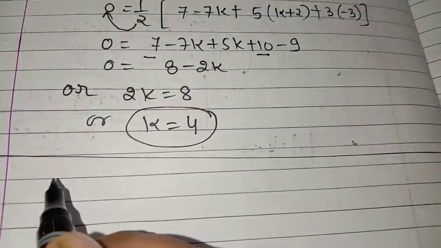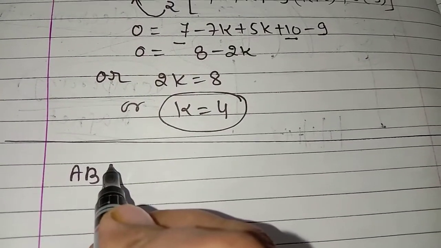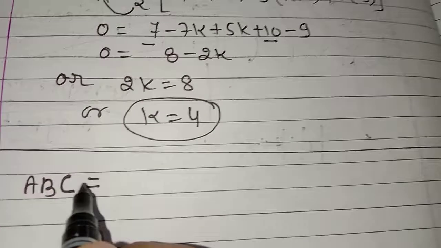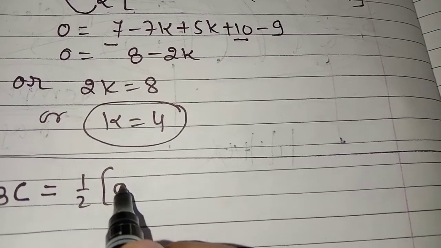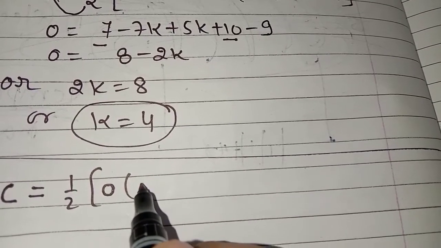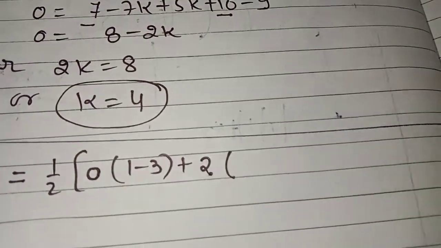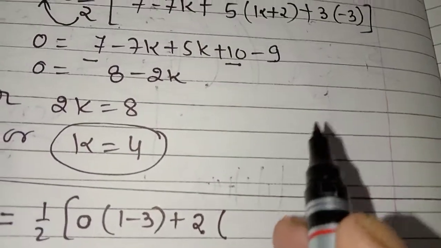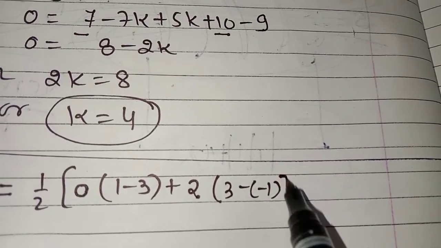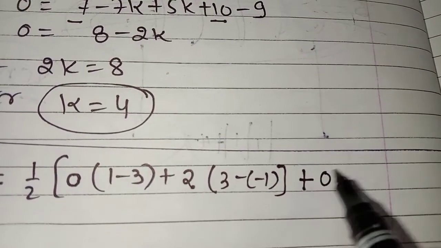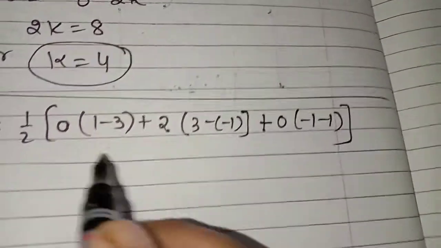So I will write ABC is equal to 1 by 2 x1 y2 minus y3, it is 1 minus 3, x2 y3 minus y1, it is 3 minus minus 1, and then x3 it is y1 minus y2.